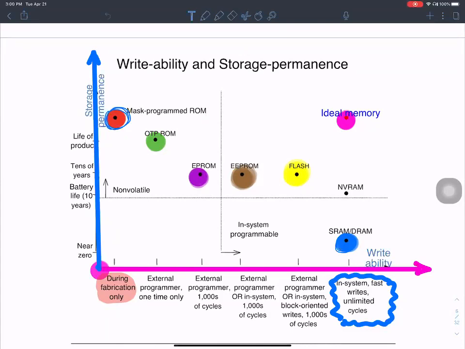So we'll continue from where we left off in the last class. Let's quickly review what we did in the last class. We were talking about memories. Basically, in the memory hierarchy, there's volatile memory and there's non-volatile memory. Volatile memory loses contents when the power is turned off.